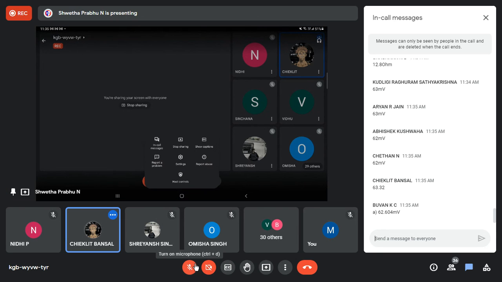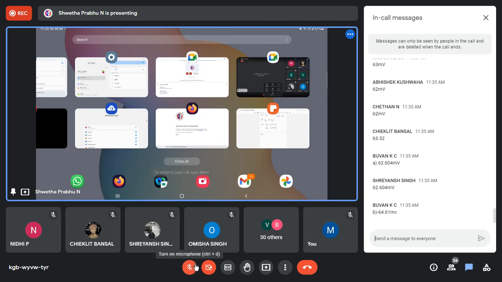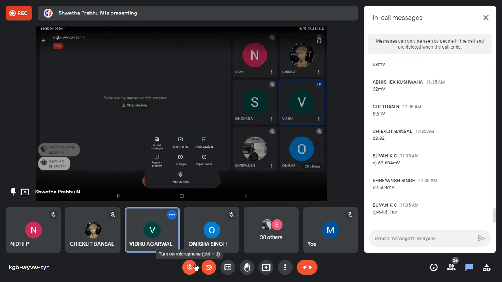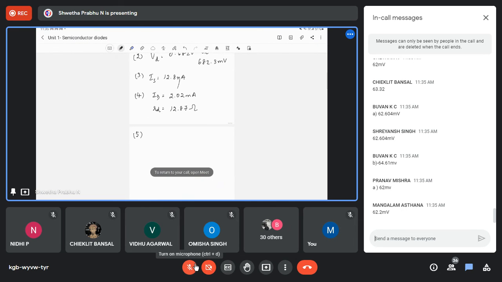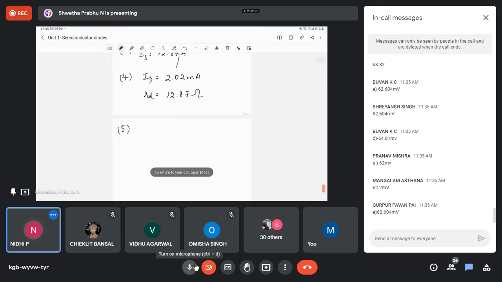For part A, it's 62.32. Shall I show you one shortcut method to solve this? Yes, ma'am.